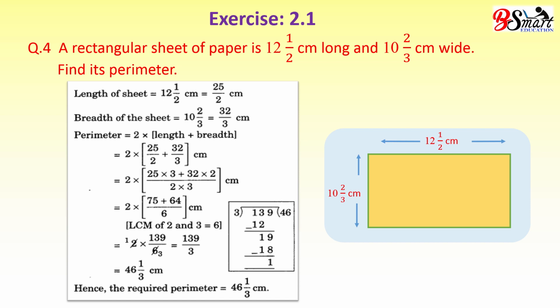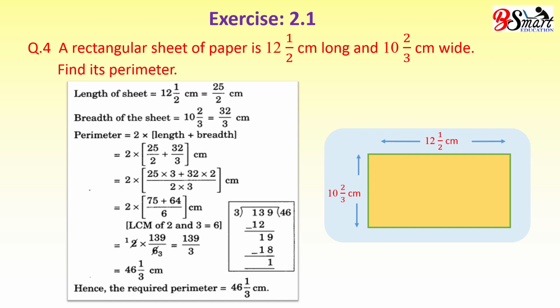That is 2 into bracket 25 by 2 plus 32 by 3 centimeter, is equal to 2 into bracket, and cross multiplication, 25 multiply 3 plus 32 multiply 2 upon 2 into 3.